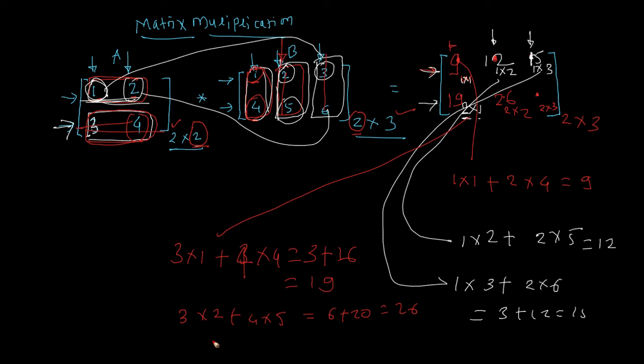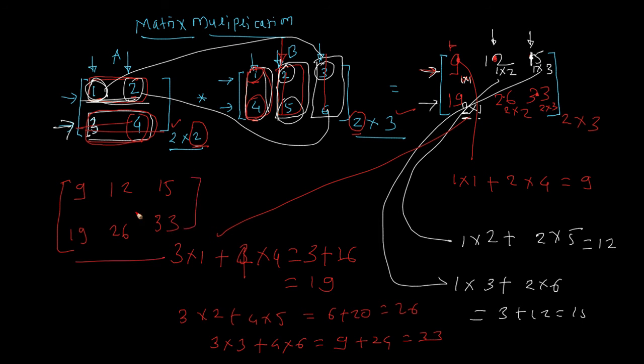So which is equal to 3 into 3 plus 4 into 6, which is equal to 9 plus 24, which is equal to 33. So this is 33. So that is how we get the elements. So the final matrix which we got is 9, 12, 15 and 19, 26, 33. So this is the final matrix.